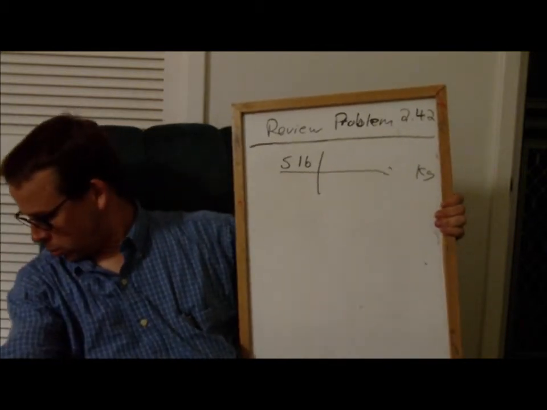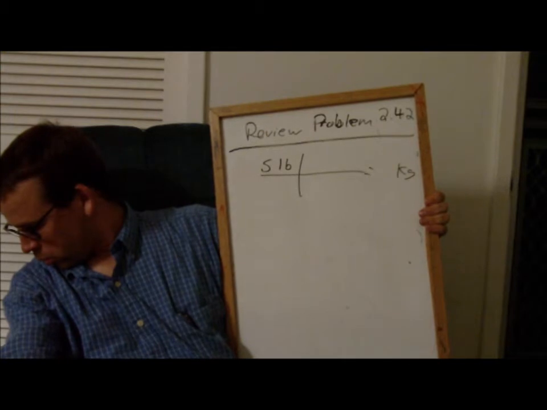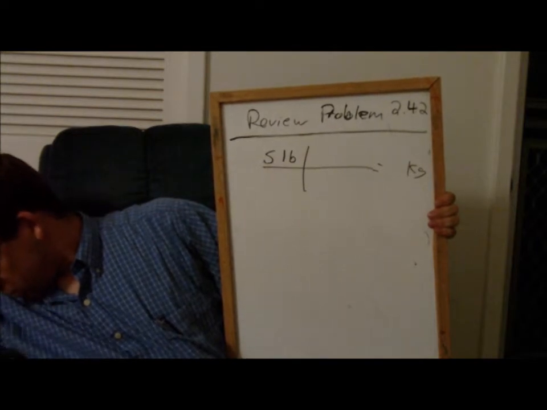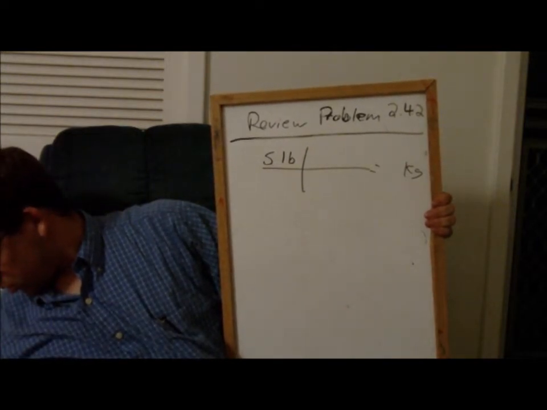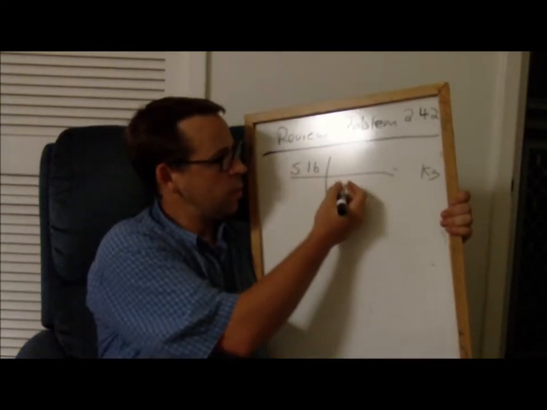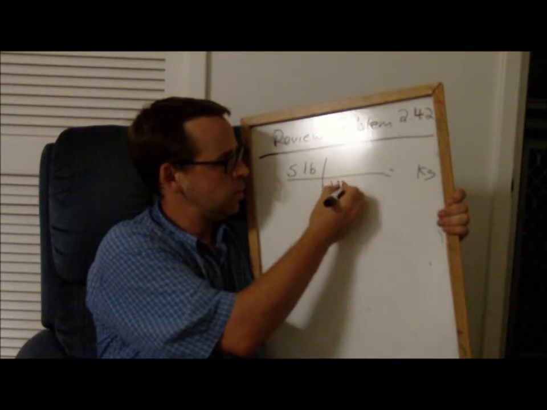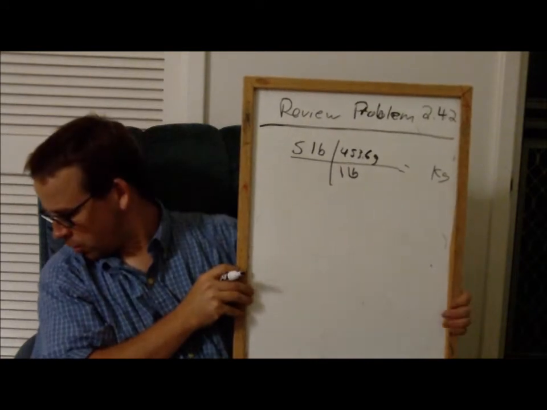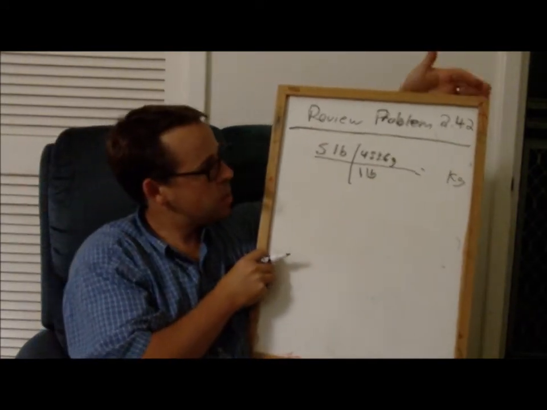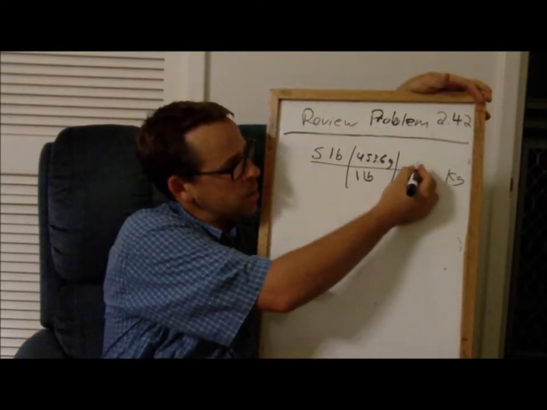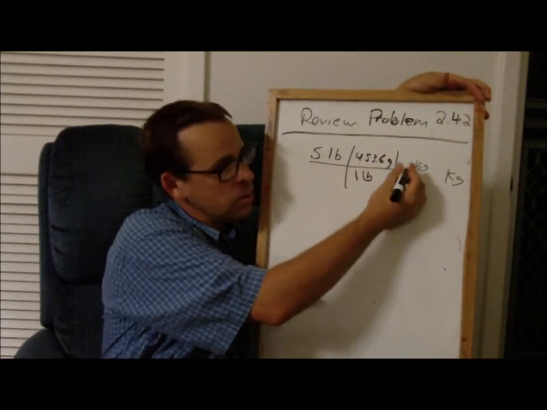It says 1 pound is 453.6 grams. So we can go from pounds to grams with that conversion factor, and we can go from grams to kilograms, knowing that there's 1,000 grams for every kilogram.